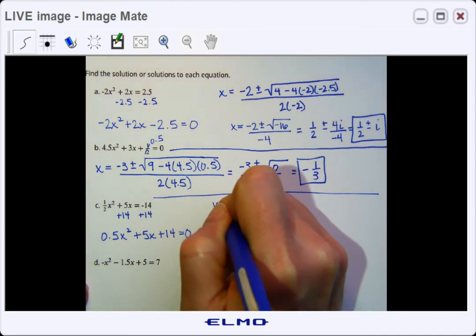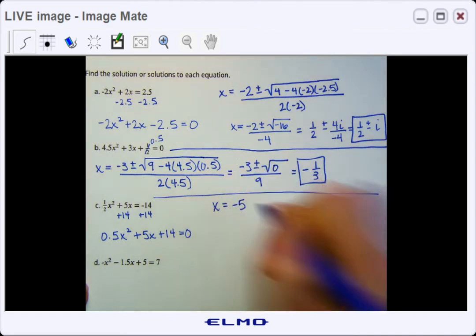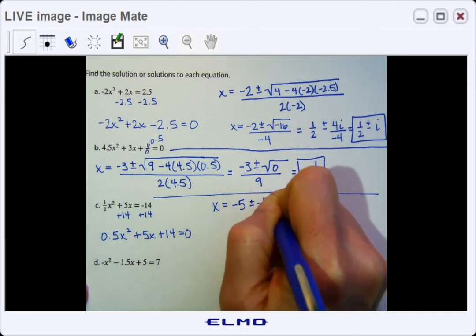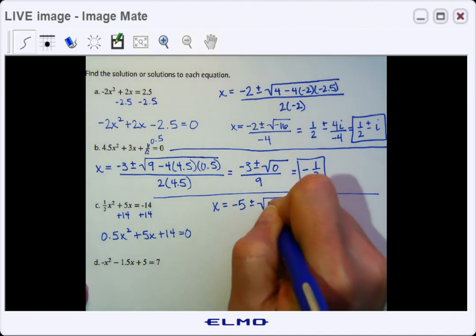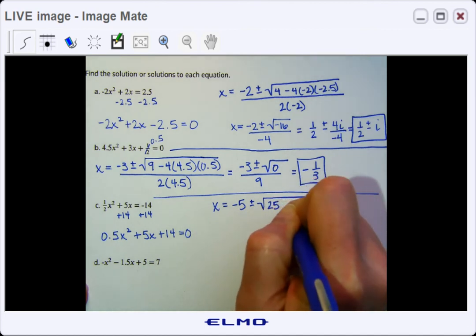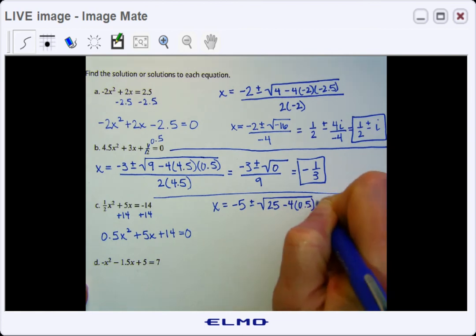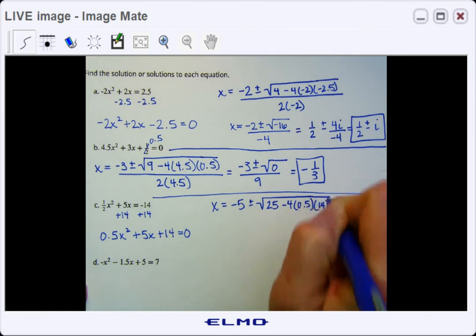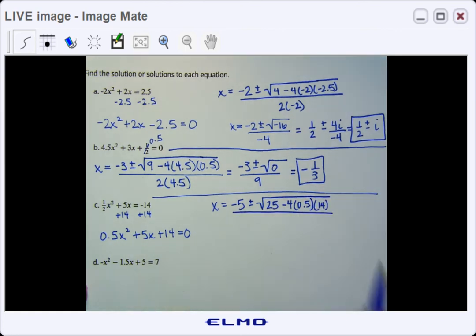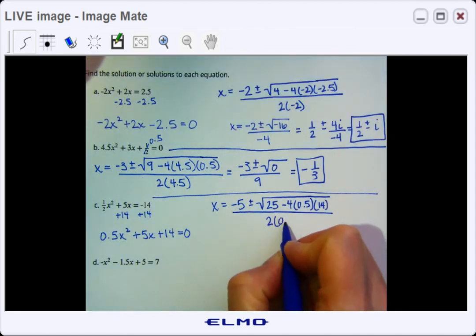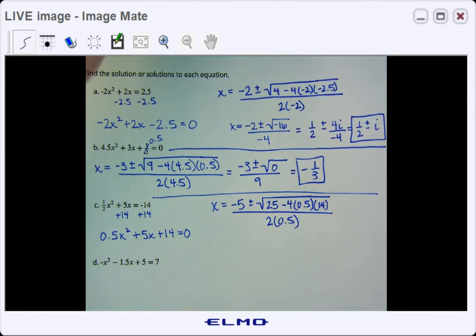So x equals -b plus or minus the square root of b squared minus 4 times a times c, all over 2a, 2 times 0.5. Okay?